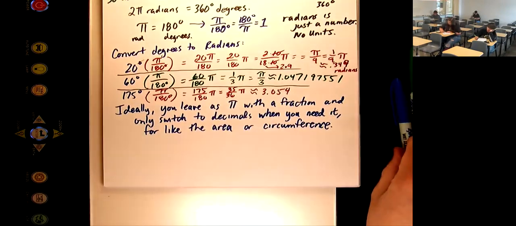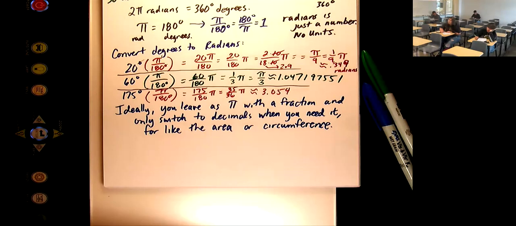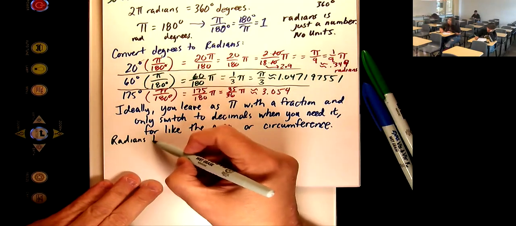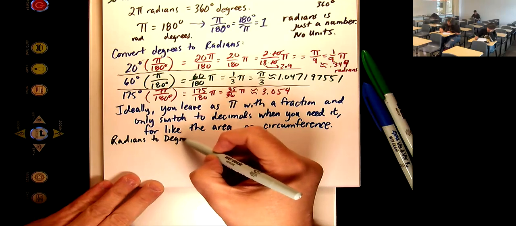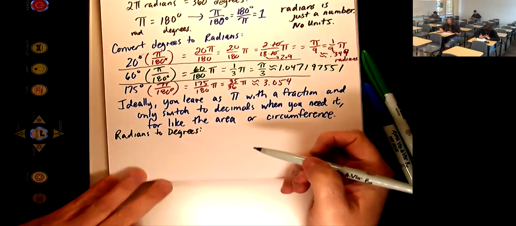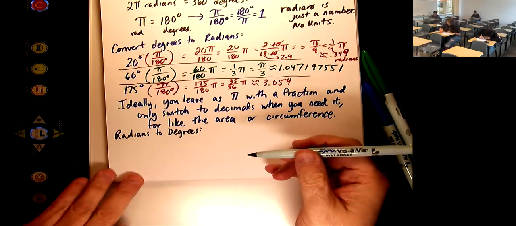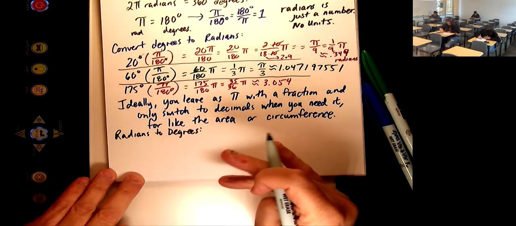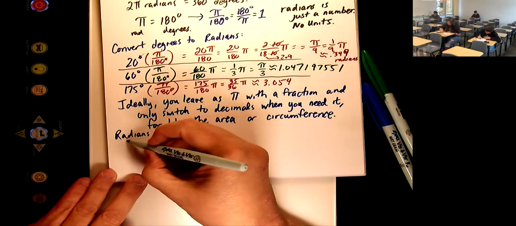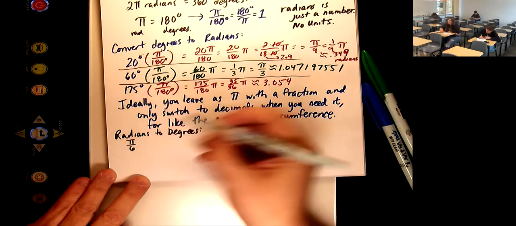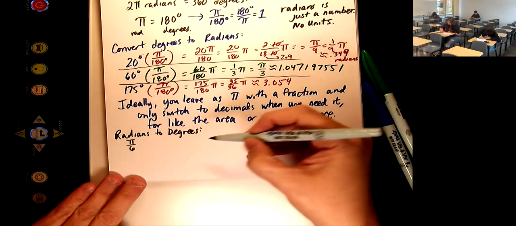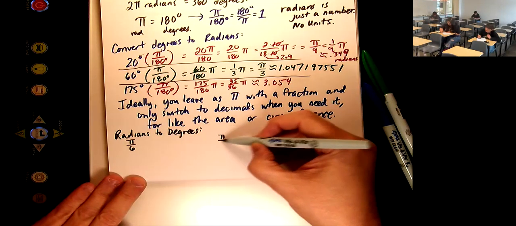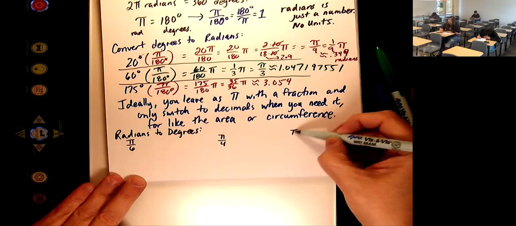And now if we want to go the other way, if we want to do radians to degrees, why don't you try pi over 6? We'll do them together: pi over 4, pi over 2.